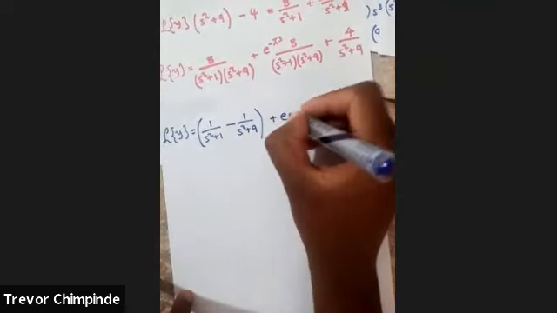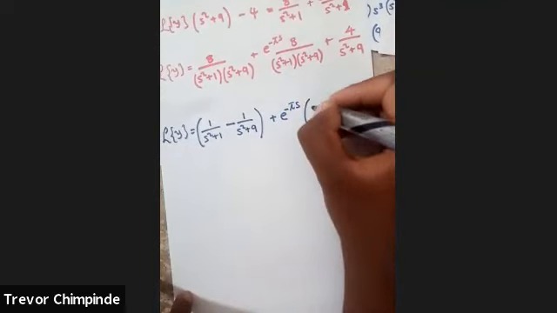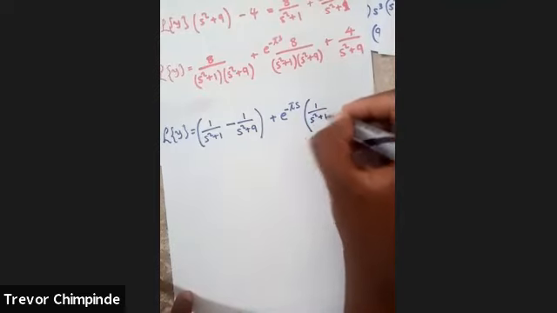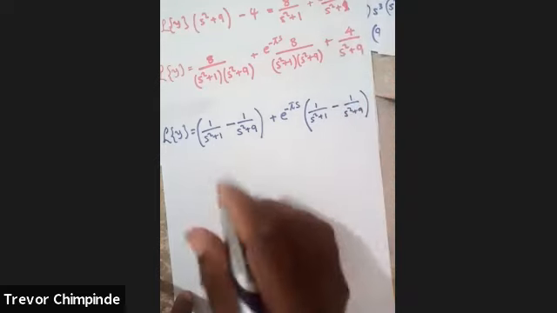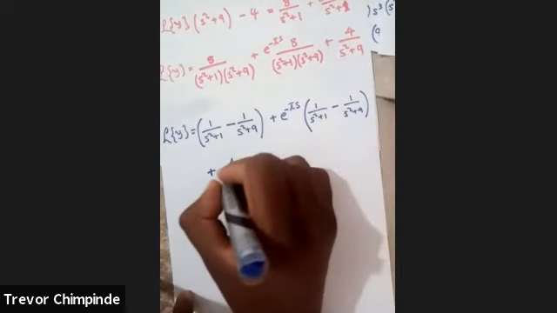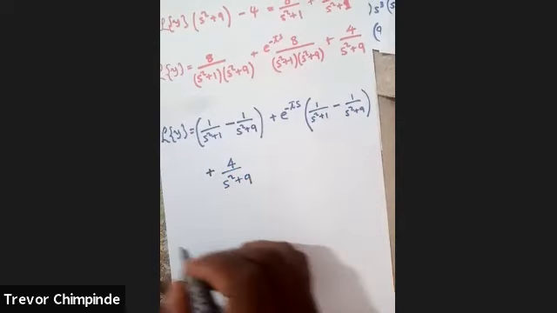The second term is e to the power pi s, then you have again 1 over s squared plus 1 minus 1 over s squared plus 9. And then this one plus 4 over s squared plus 9.